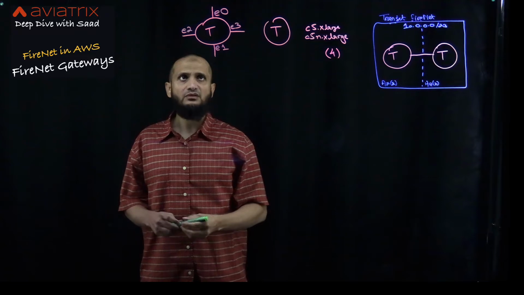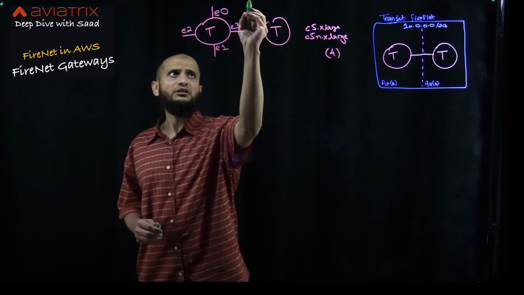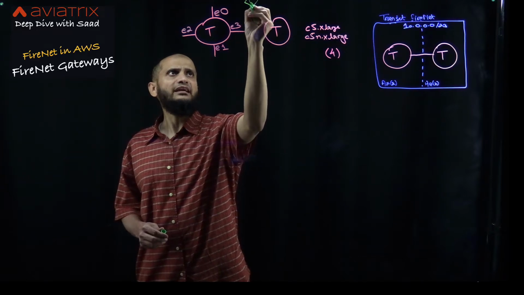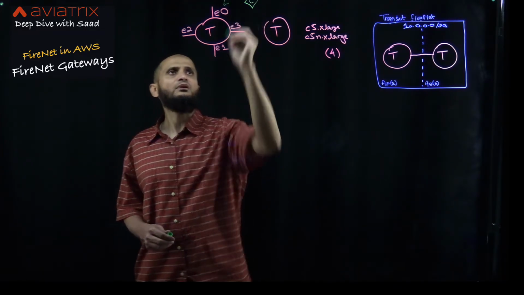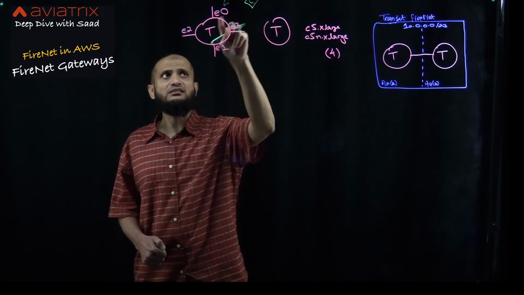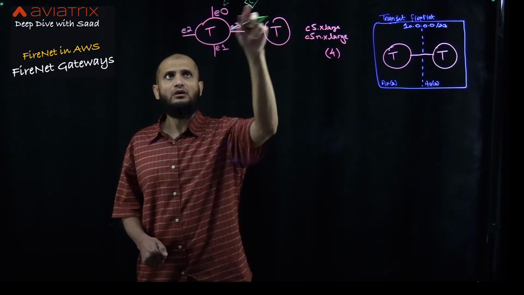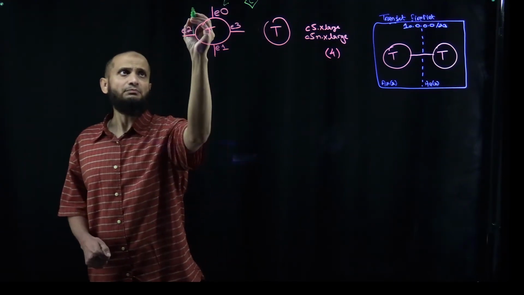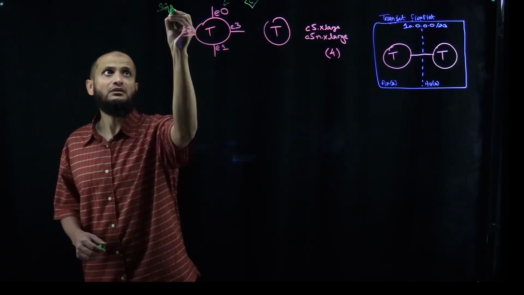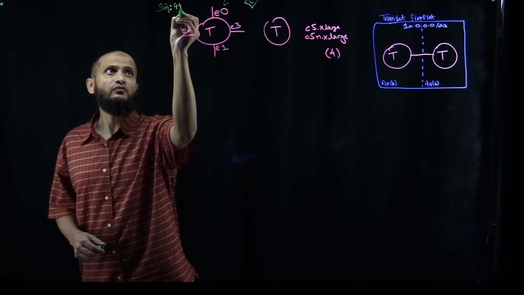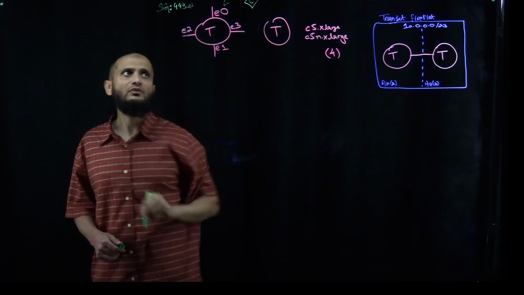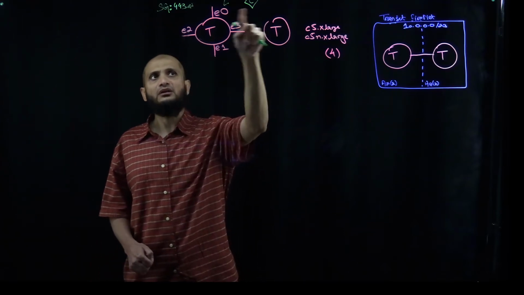ETH0 is the interface where the controller is communicating with the gateway. So you want to make sure the security group that is managed by the Aviatrix controller is allowing port 443 access here. So basically this security group, I'm just letting you know that port 443 is open in the inbound direction for the access from the controller.